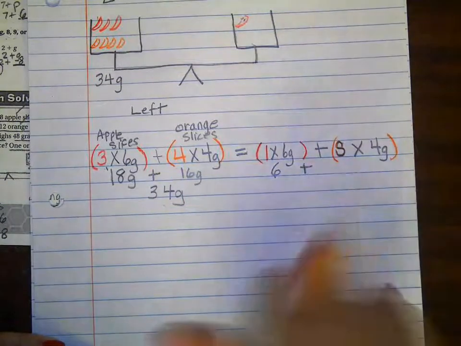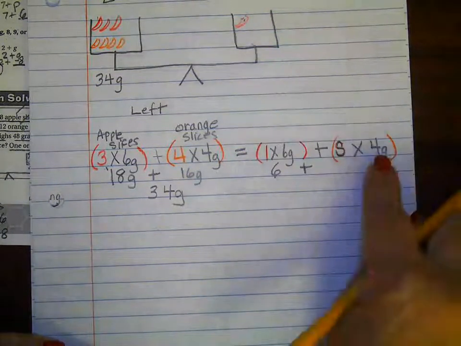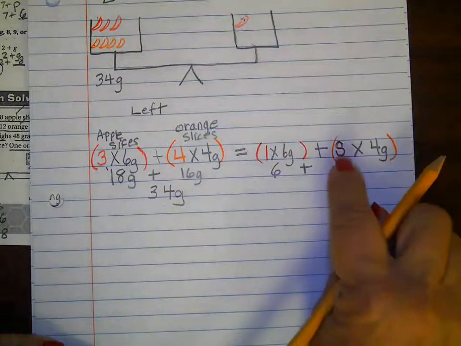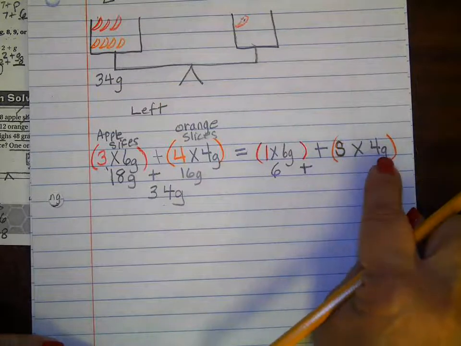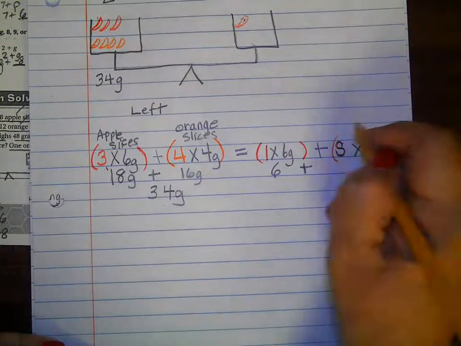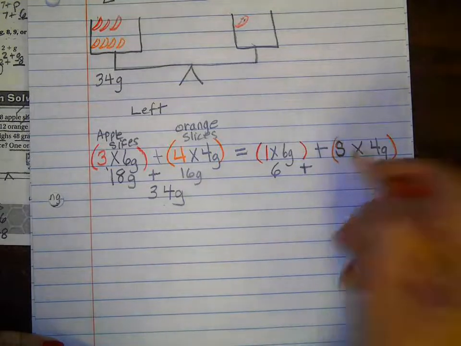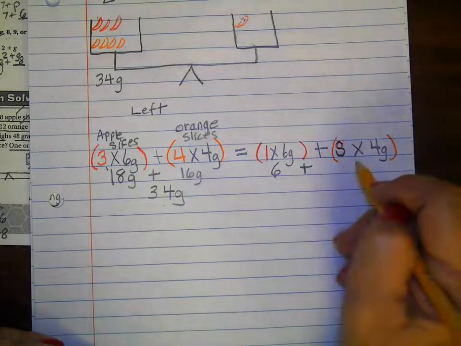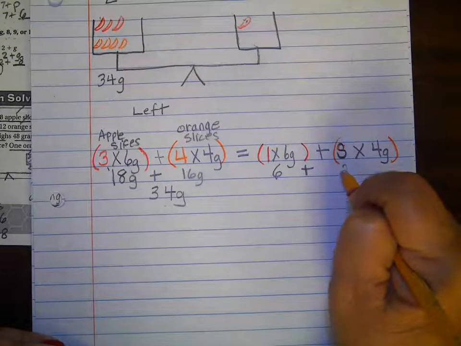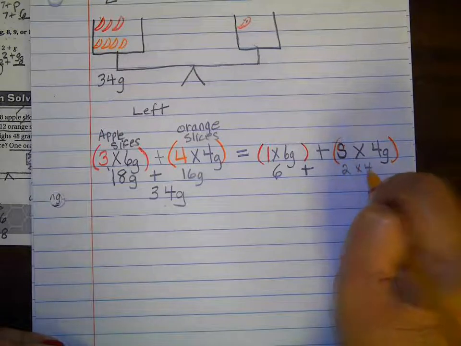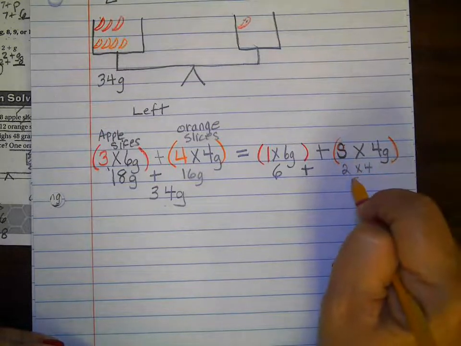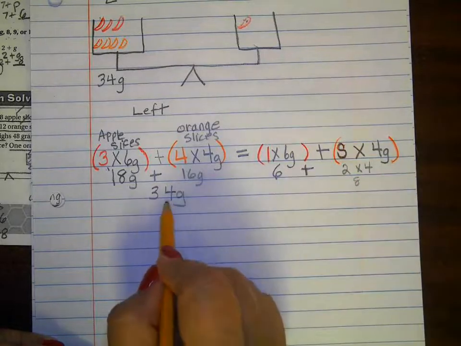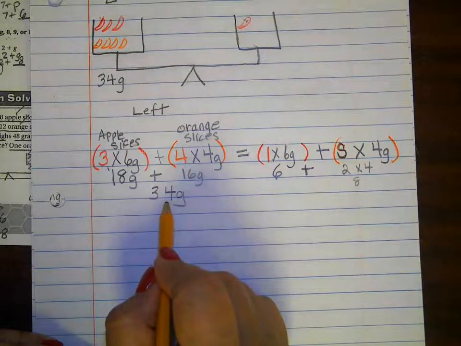So let's go ahead and start filling in. Something times 4. So let me go ahead and put, I don't know, let's get a number. If I have 2 times 4, that equals 8. 8 plus 6 is 14. Too big or too small?